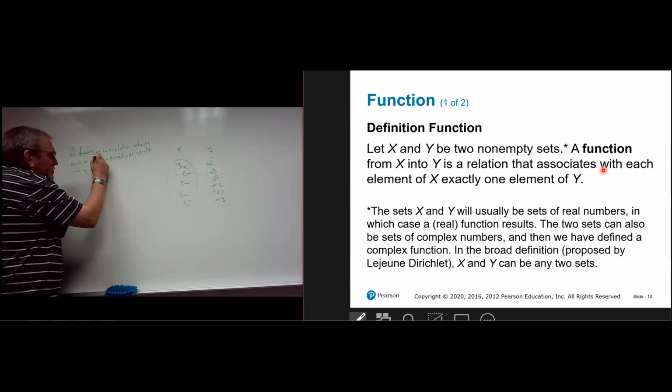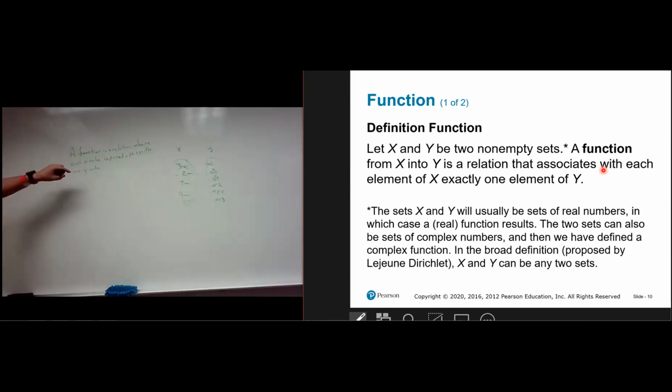That means an X value cannot go to more than one Y value. Each X value is only paired with one Y value.